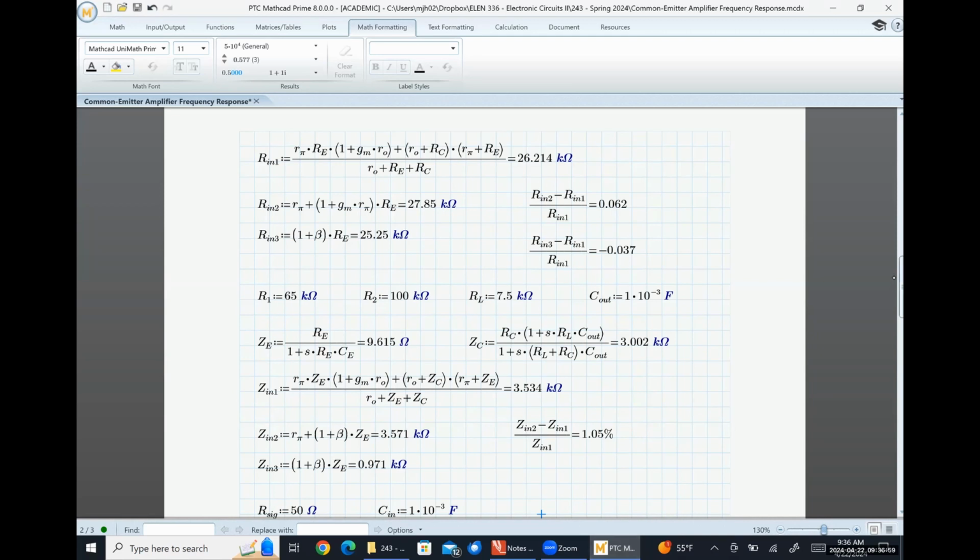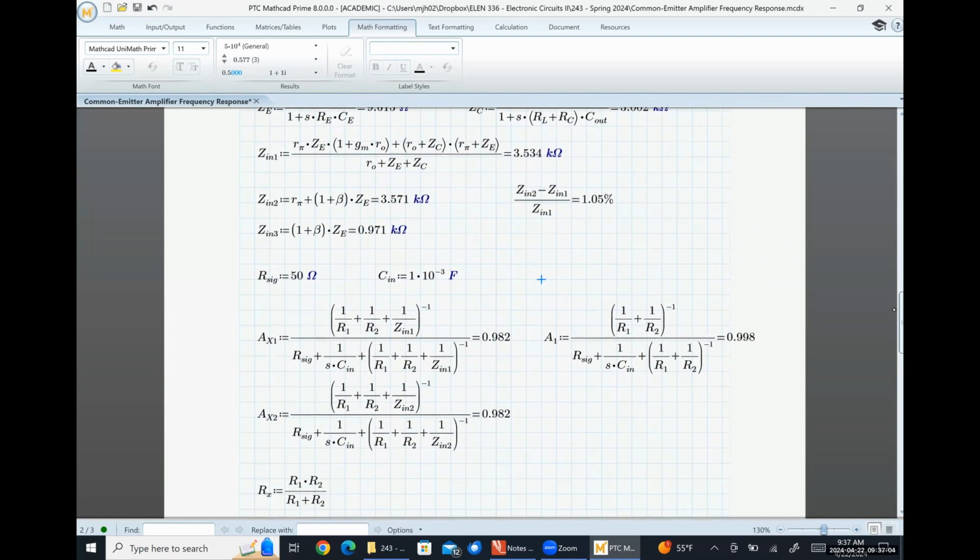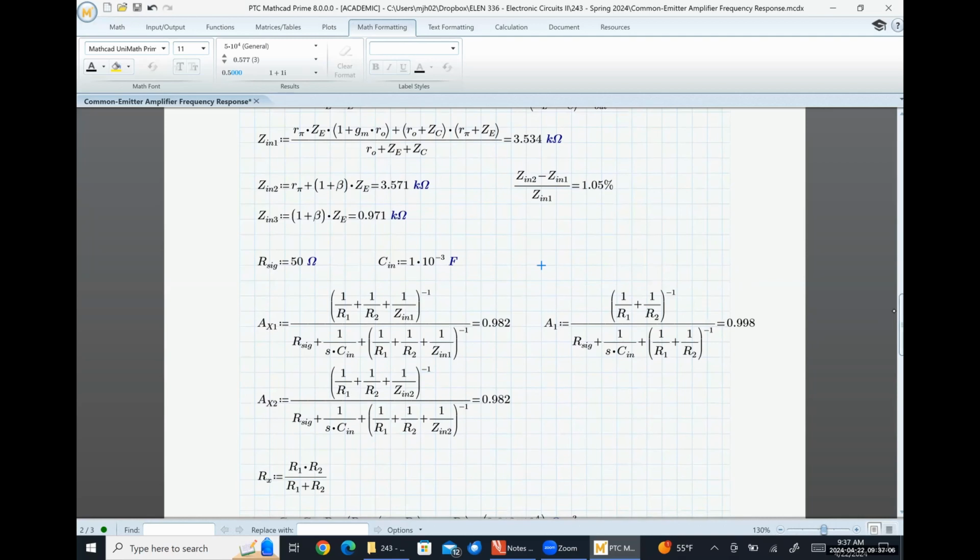I have it down here in the middle. So what I have as ZN1 is the full expression, where we wound up getting 3.534 kiloohms at the particular frequency that I was looking at. And then ZN2 wound up being 3.571 kiloohms, introducing an error of 1% at this frequency, which isn't particularly bad.